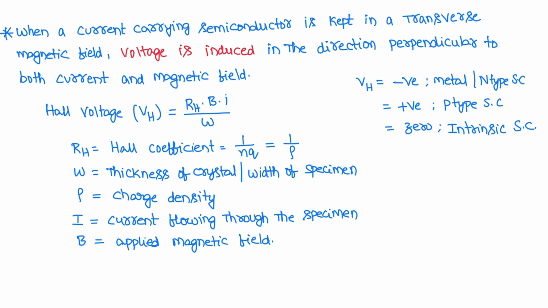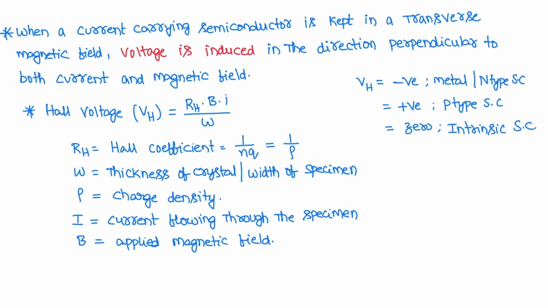So the expression for Hall voltage VH is equal to RH B I by W, where I is the current flowing through the specimen, B is the applied magnetic field, RH is the Hall coefficient, which is equal to 1 by N Q, that is 1 by rho, 1 by charge density, and W is the thickness of the crystal or width of the specimen.